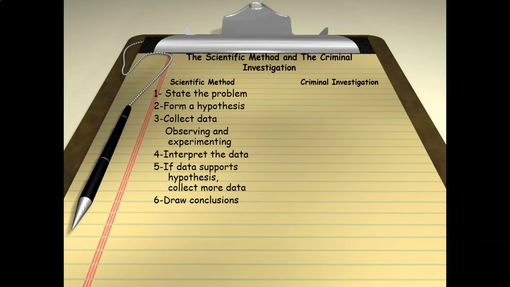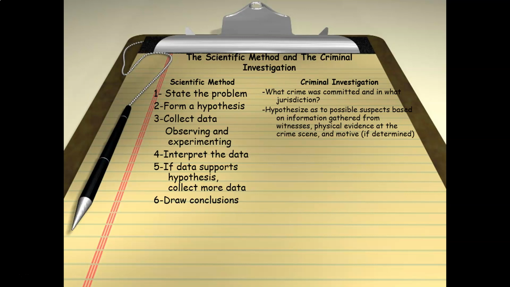So when you look at the criminal investigation, stating the problem is what crime was committed. Okay? When you form a hypothesis, your hypothesis is really based on information that a police officer or an investigating officer, like a detective, will collect at the scene of the crime.